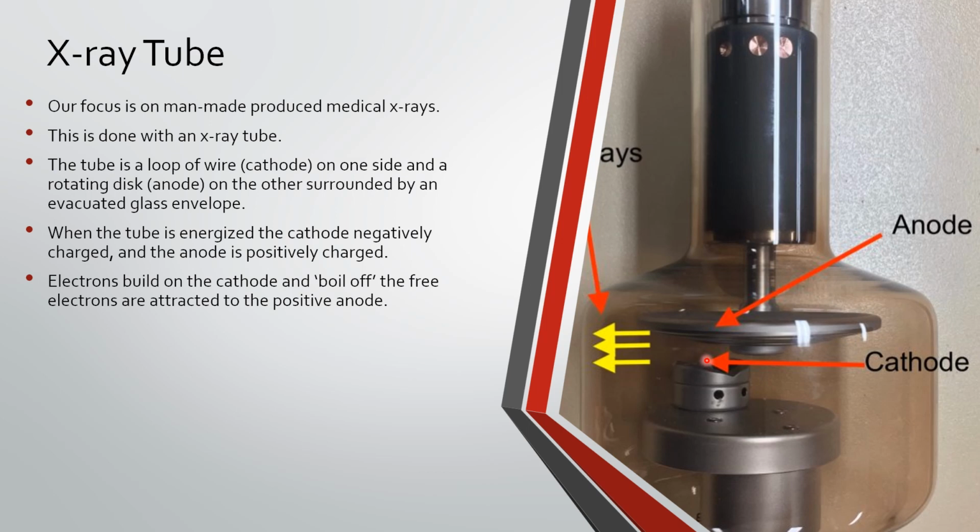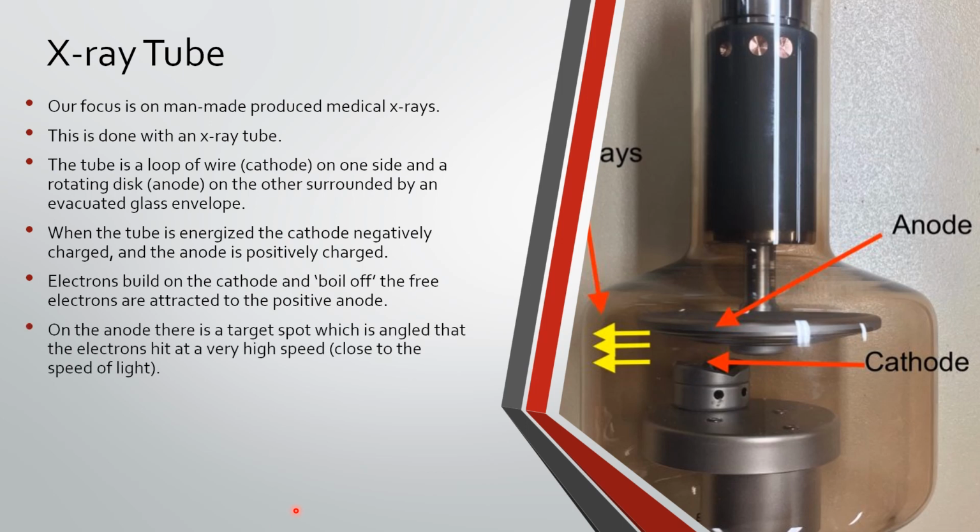When the electrons, which are negatively charged, boil off, they're attracted to the anode. On the anode, there's a target spot, which is angled. It's hard to say exactly where the target spot is, but the electrons hit at a very high speed, close to the speed of light. When the electrons release their energy in the atoms of the anode, X-rays are produced.